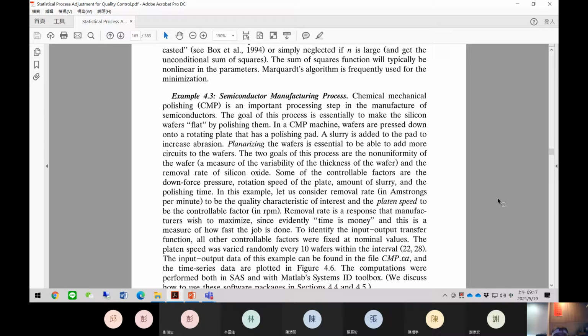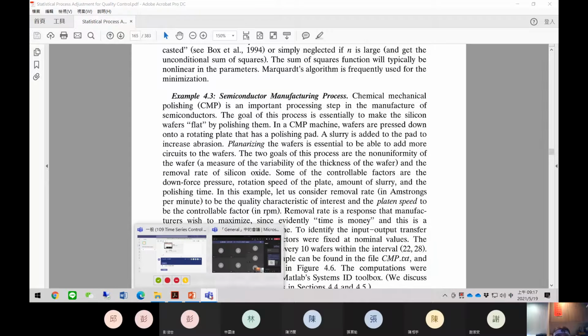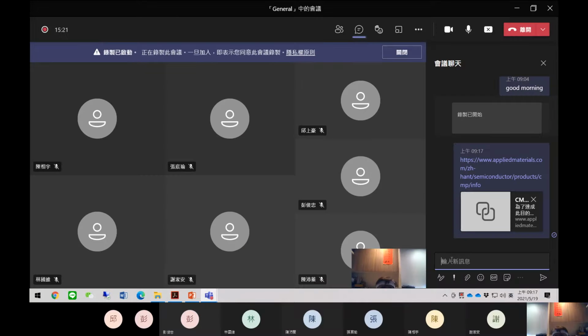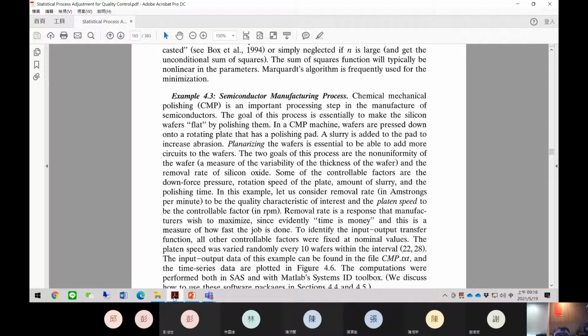So in the experiment, let us consider removal rate in angstrom per minute. Angstrom is typically a unit used in computing the critical dimension in semiconductor manufacturing.